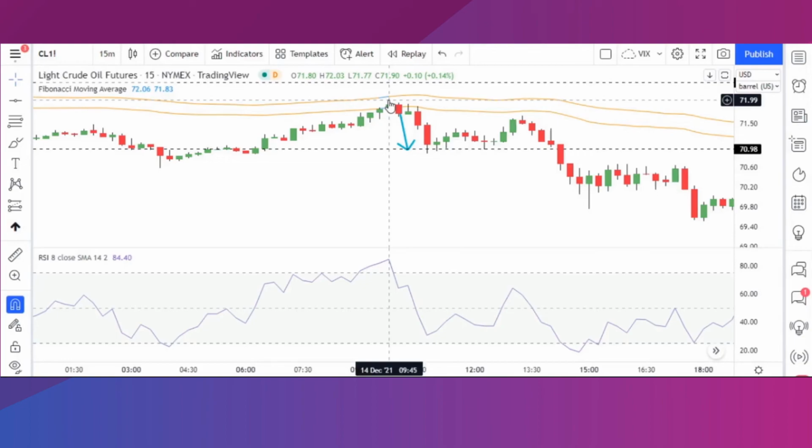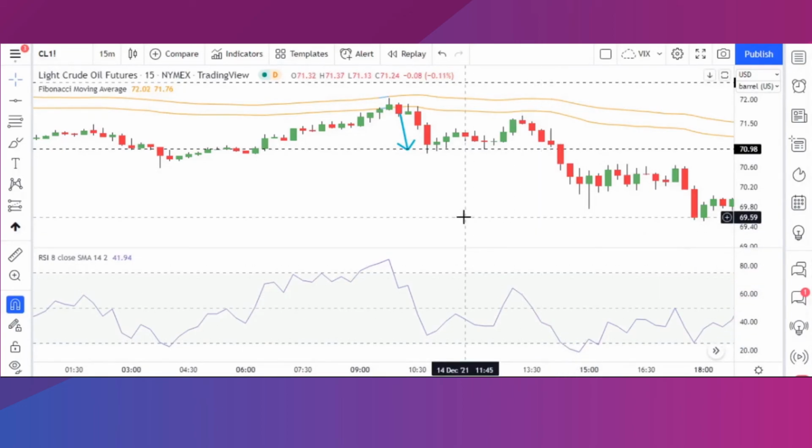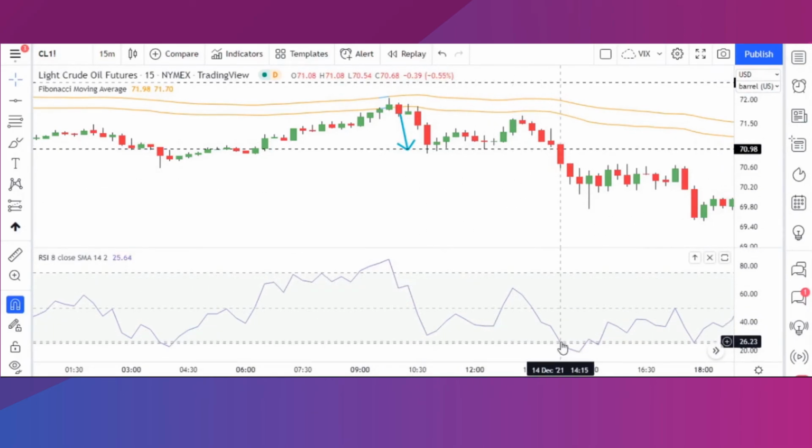Other examples of exiting the trade: some traders prefer to set their targets based on the indicator. For example, they will not exit until the indicator reaches the oversold level. In the case of a short, a trader using this technique will exit only when the indicator reaches this area here. So he or she will exit around here.